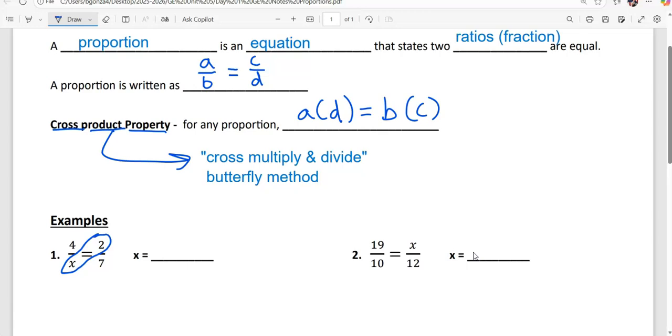You're going to multiply these diagonals. That's what's called cross multiply. So the 2 and the x are going to multiply. So I'm going to put 2 times x. Then see this equal sign in the middle? You got to put the equal. And then this diagonal, 4 times 7, that is what you put here. Okay.